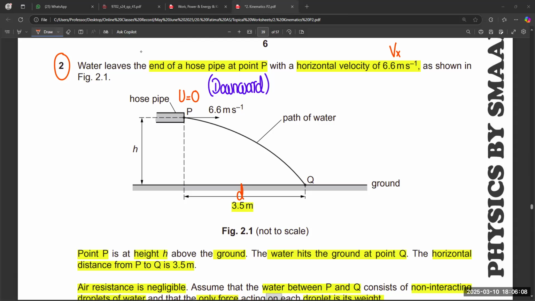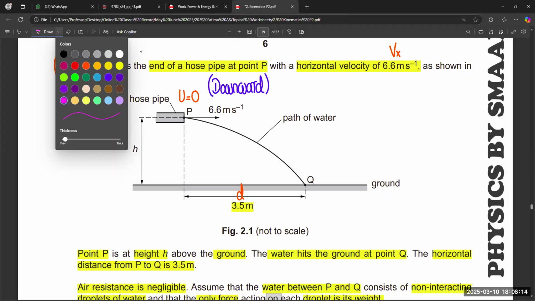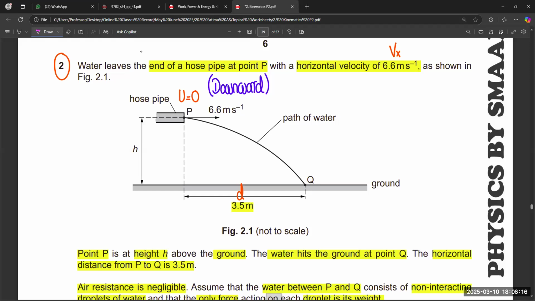Okay, so it will be different. And we know that from P to Q, if we want to mark the displacement, it can be marked in the form of a straight line from P to Q, like this. So this is the value for displacement.